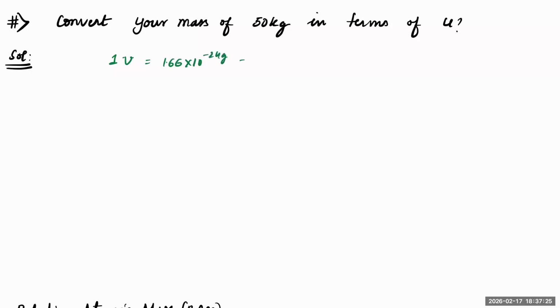What if I write it in kgs? That will be 1.66 into 10 raised to power of minus 27 kgs, correct? And that is equal to 1 by Na grams, or 10 raised to power of 3 by Na kgs.